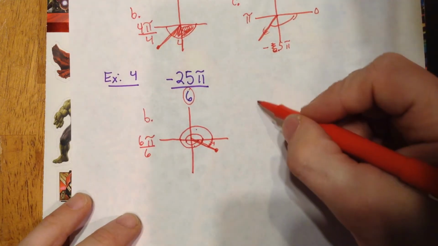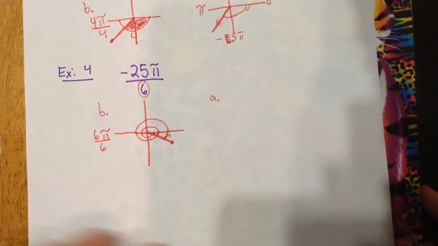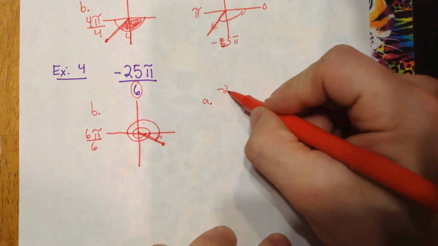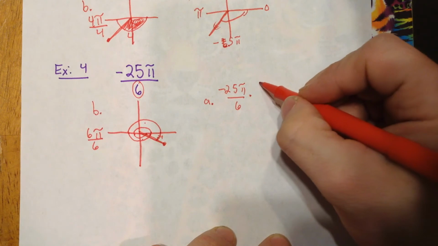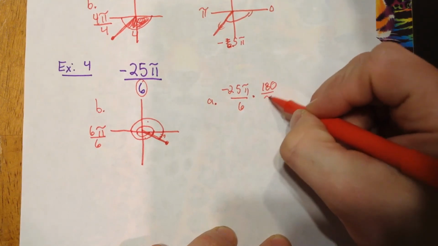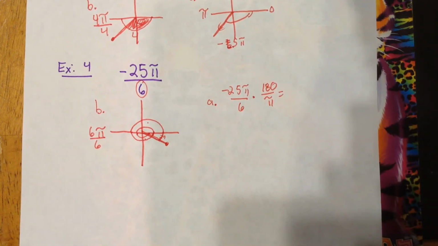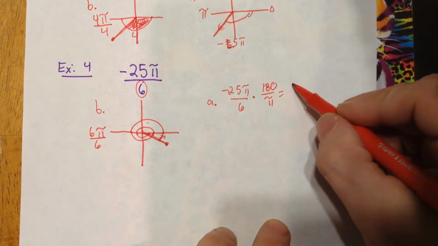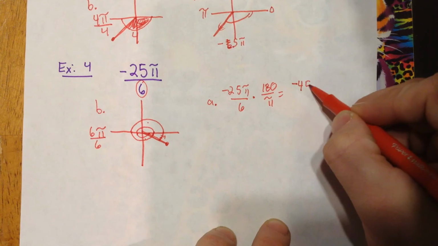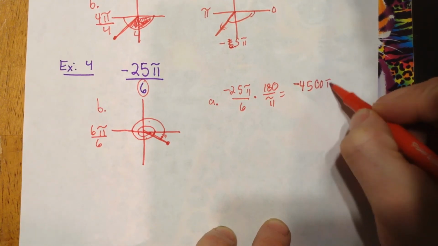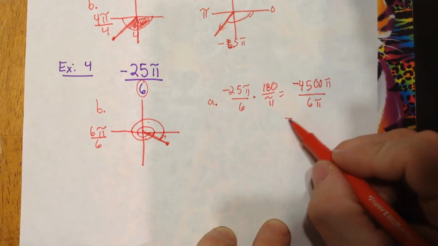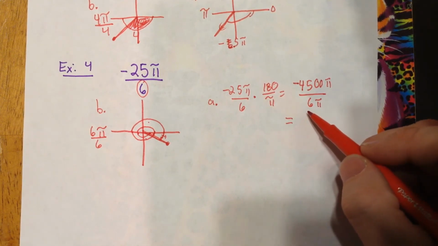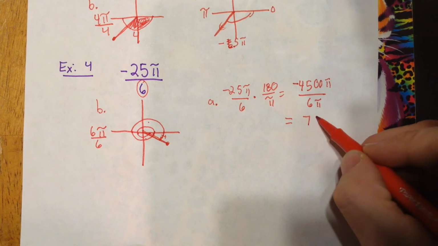That's how you do it. And again, if you went and did this with conversions, you're going to do negative 25 pi over 6 times 180 over pi. And as you can see, these are going to be some very, very big numbers. We're going to actually get negative 4,500 pi over 6 pi, which comes out to be 750 degrees.